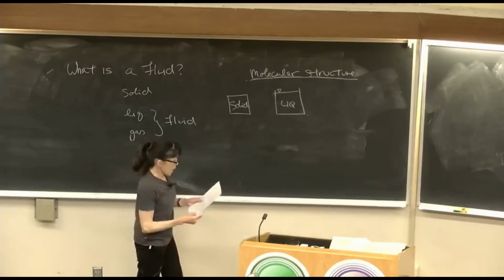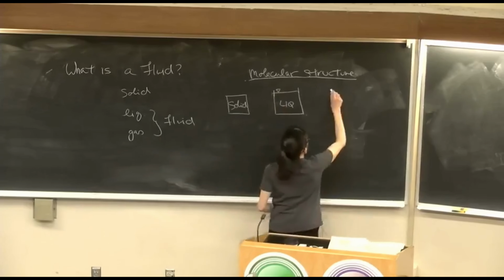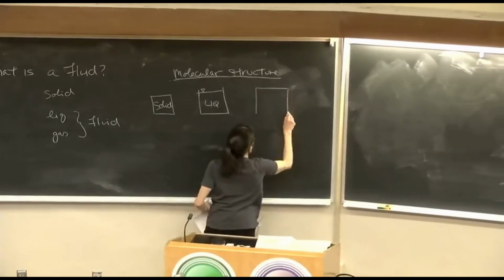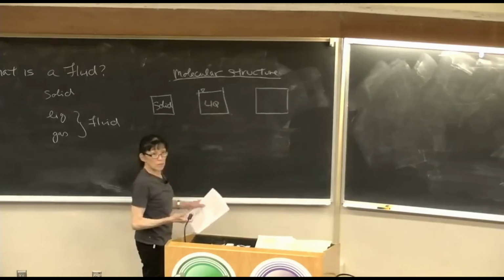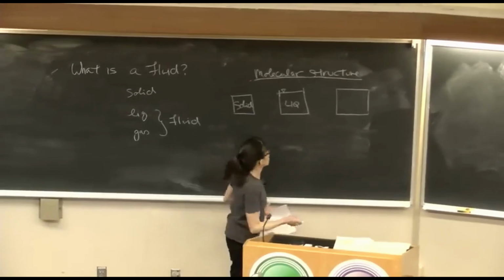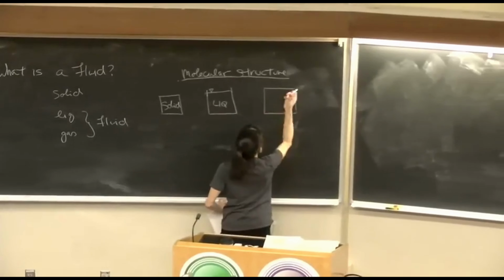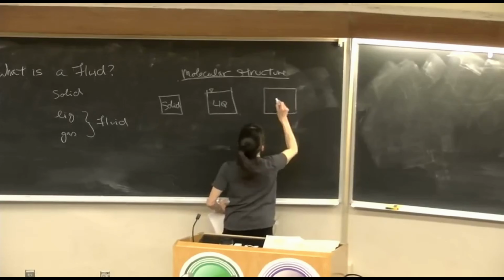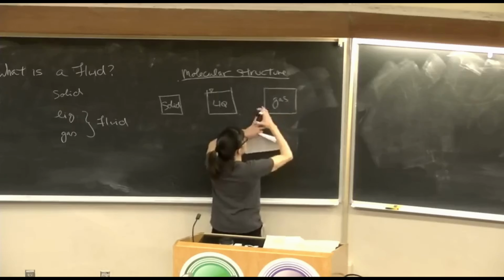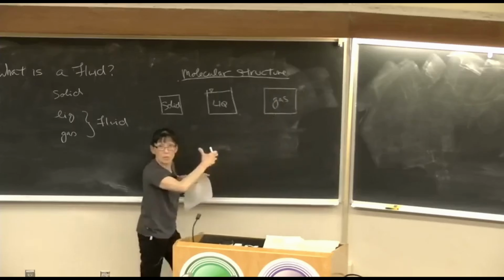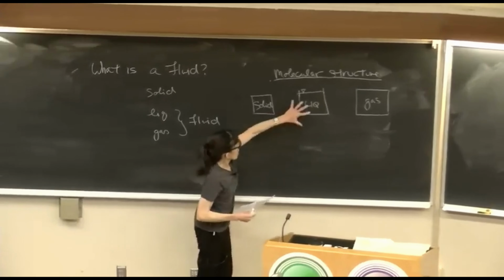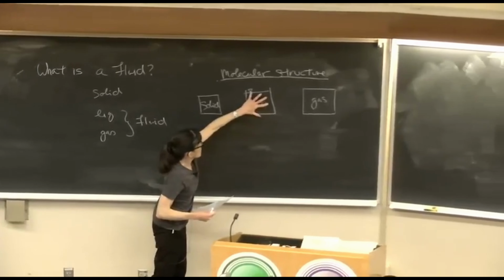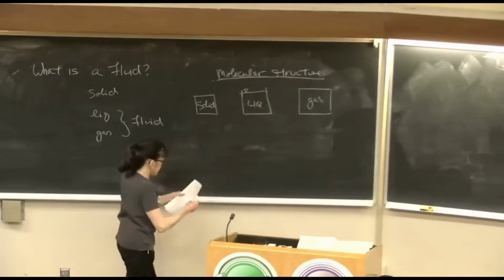And then there's gas. Gases have to be contained. If I had an open cup, the gas may just leave. So a closed container, and the gas is a substance that would fill out the container, whereas the liquid would maintain its volume in a container.